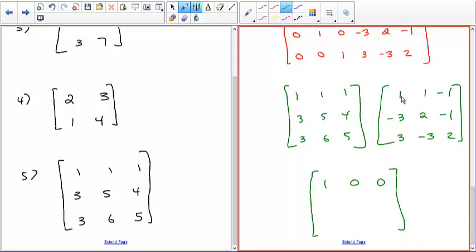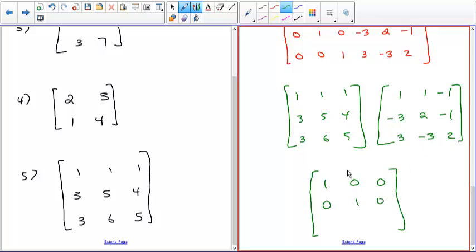Then we do the second row, first column. 3 minus 15 plus 12, that's 0. Then we do the second row, second column. 3 plus 10 is 13, minus 12 is 1. Then the second row, third column, negative 3 minus 5 is negative 8, plus 8 is 0.